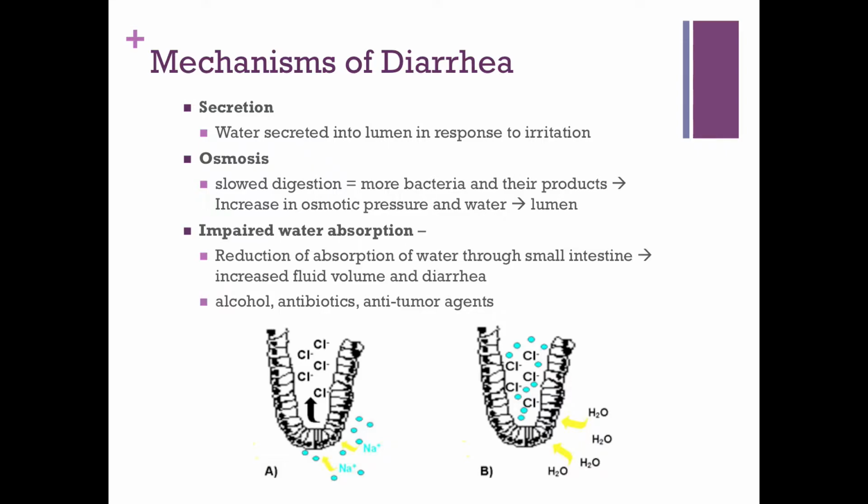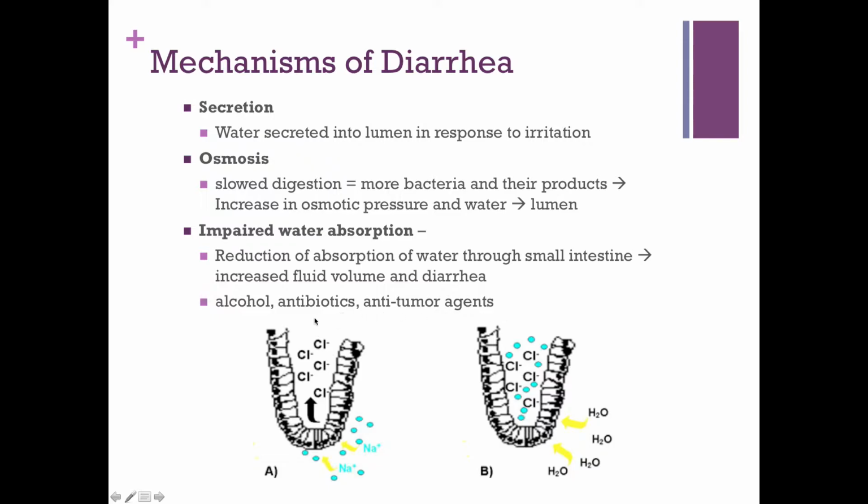There's also things that just impair the ability of water to be absorbed from the intestines, just normal things. One is alcohol. So when people drink a lot of alcohol, they can have diarrhea the next day. Antibiotics too. So antibiotics do make people sick. They do cause diarrhea, and that's because they blunt the ability of the body to absorb water from the intestinal contents.